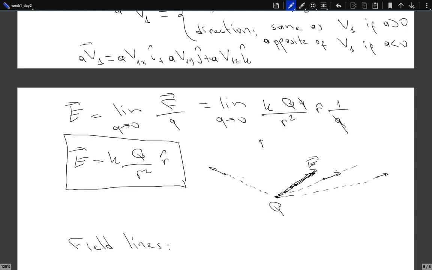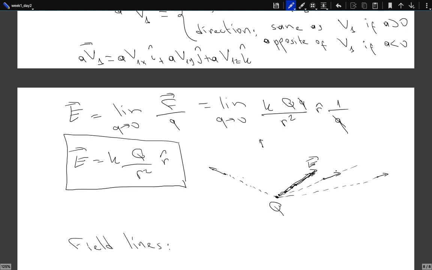So when I am drawing electric field lines, I start from the positive charge and draw lines such that at every point we have a vector, and the line has a tangent line. We draw these field lines such that at every point the tangent of the field line is in the same direction as the electric field.